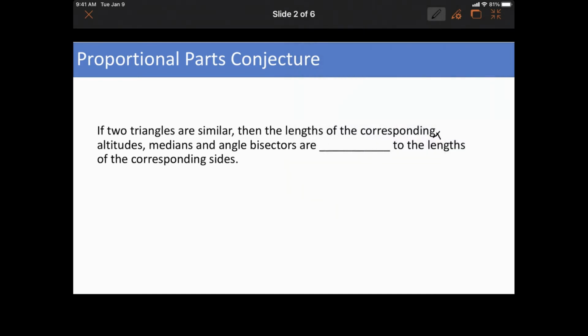So they are proportional. That means they have the same scale factor, the same ratio as the scale factor of the triangles.